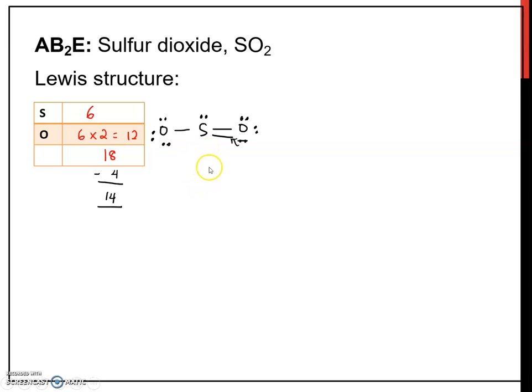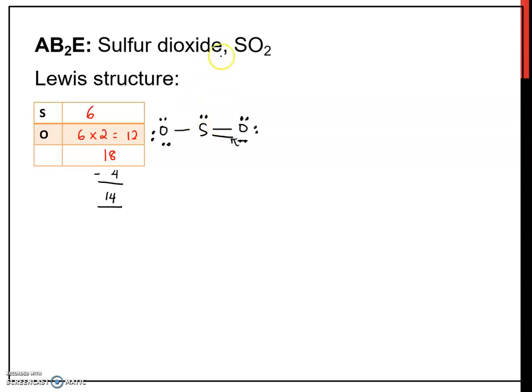And then sulfur is actually in period 3. If the element is in period 3 and above, it can have an expanded octet. You can look at the video for the topic after this.